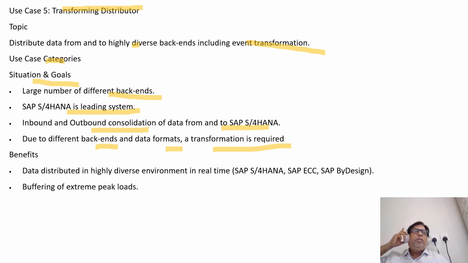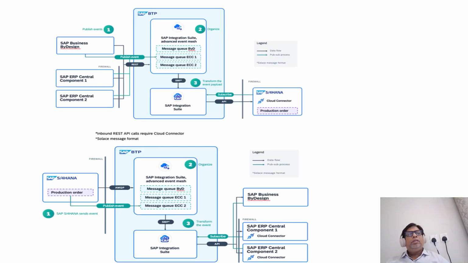So generally, if it is a transforming distributor, what it will do is transform the particular data, and it will be for highly diverse situations. Okay, so real-time S4HANA, this is the basic concept we discussed already, and buffering will be there in the BTP clouds. Okay, so you can see these two diagrams to understand this.